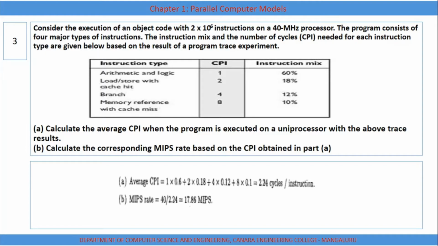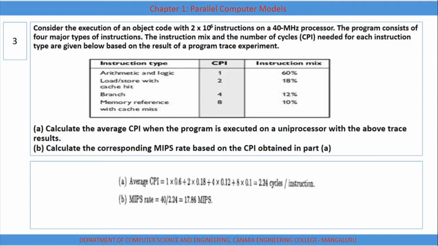Similarly, the second one is 2 into 0.18, 18% of instructions. The third one is 12%, so 4 into 0.12. The fourth one is 10%, so it is 8 into 0.1. That will give 2.24 cycles per instruction. That is the average CPI.